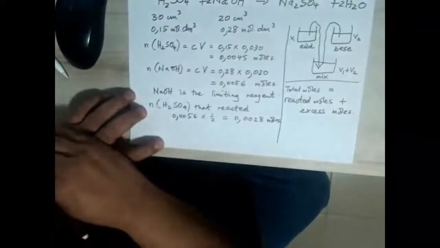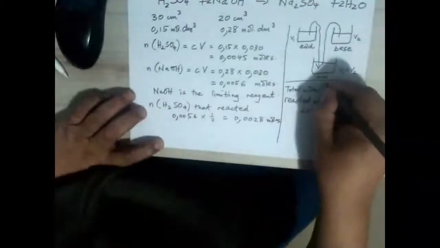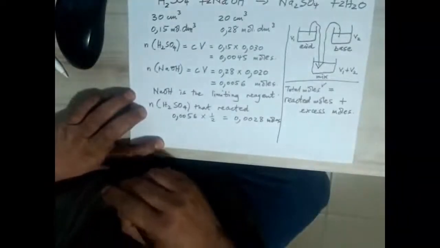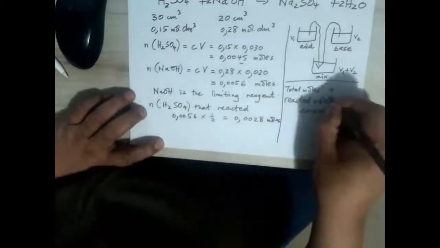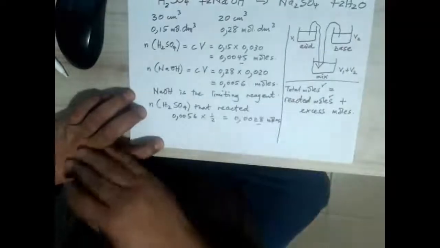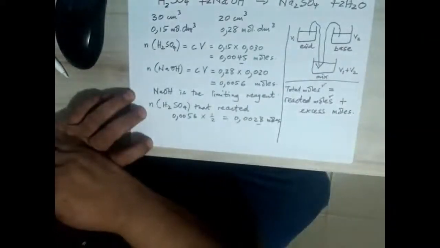Right, so let's just go back to our little drawing and our little equation. I have the total moles of sulfuric acid, which is that. I have the reacted moles of sulfuric acid, which is that. And in our little equation, I can now work out the excess moles of sulfuric acid.